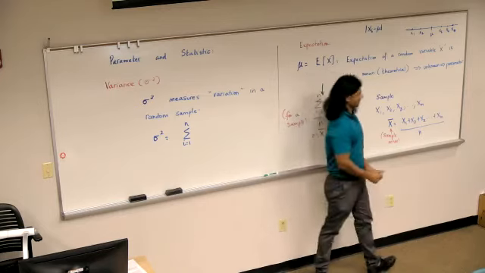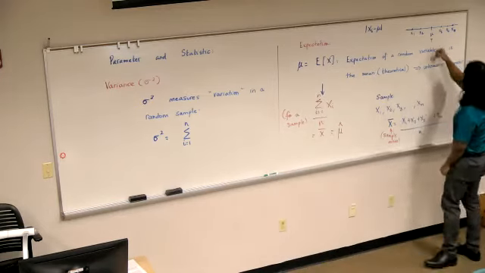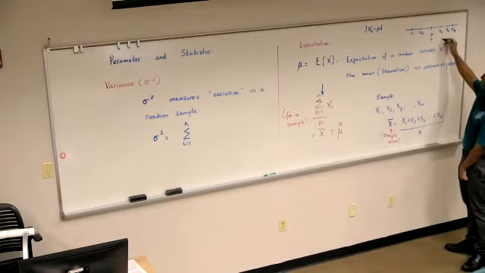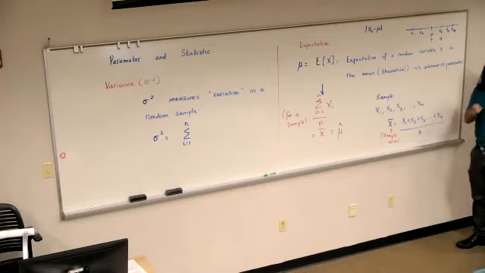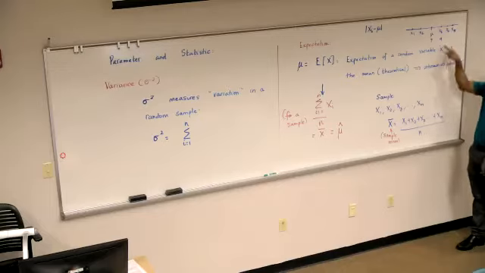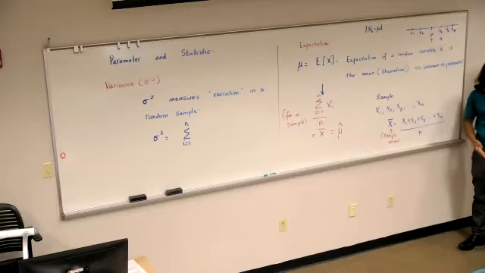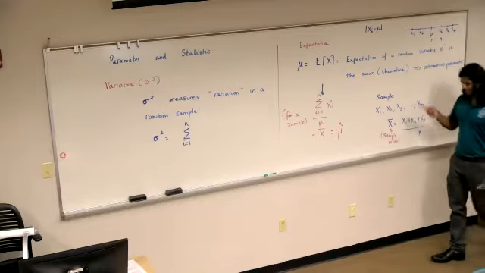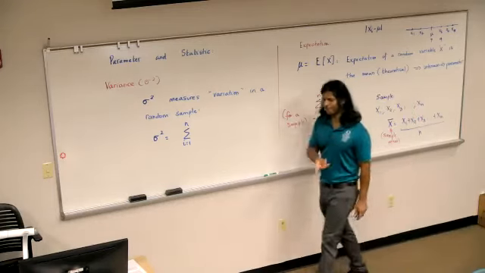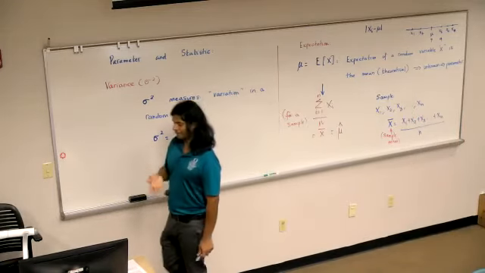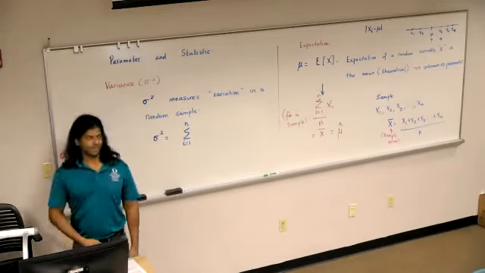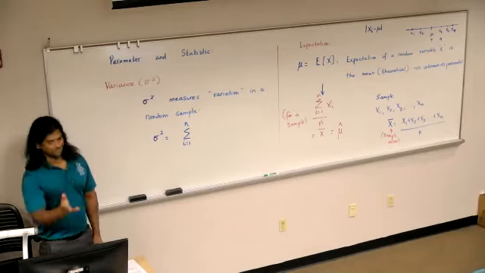So if this number is 7, that number is 9, and I want to know how far 9 is from 7, simply do x3 minus mu. And since it is a distance, you put the absolute value. But there is a problem with absolute value. In terms of distributions, they are a pain to derive.